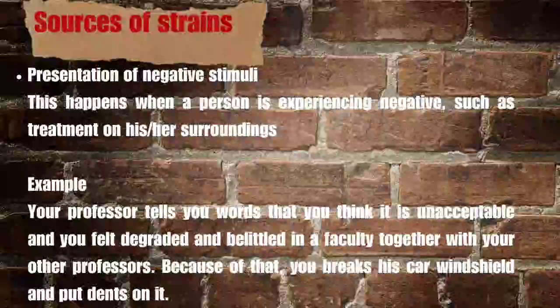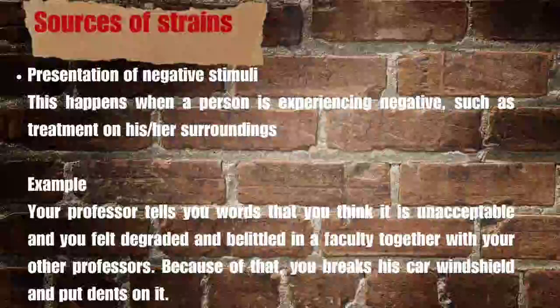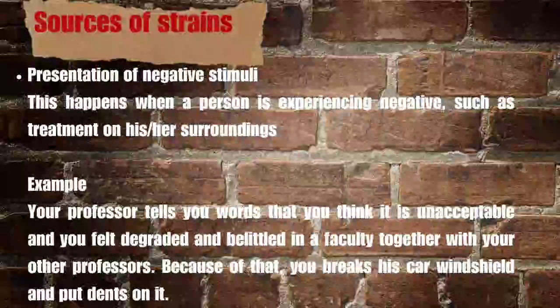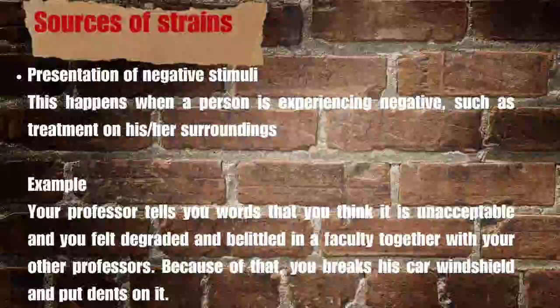The last source of strain is presentation of negative stimuli. This happens when a person is experiencing negative treatment from his or her surroundings. Example, your professor tells you words that you think are unacceptable and you feel degraded and belittled in a faculty room together with your other professors. Because of that, you break his car windshield and put dents on it.